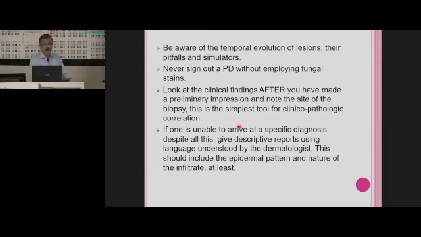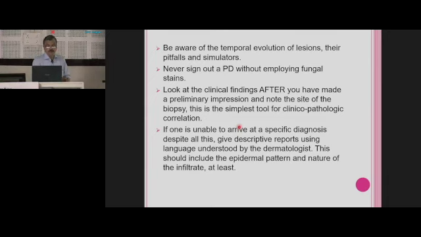Never sign out a psoriasiform dermatosis without employing the fungal stain. Because whenever you get a collection of microabscesses, the fungus cannot be ruled out. That's why whenever you get the Munro's abscess or the Kogoj's abscess, you must go for the special stain for the fungus.